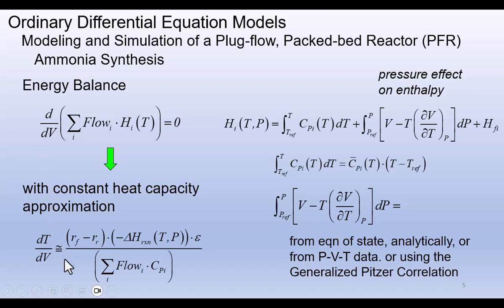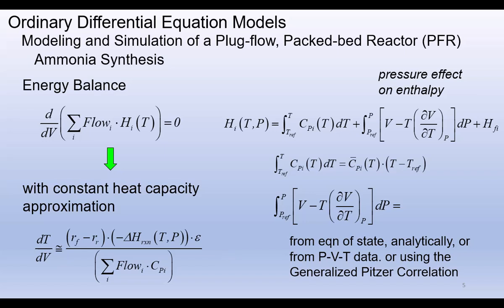And then we can deal with the rates of reaction and the corresponding heat of reaction in order to account for the enthalpy changes as we go through the reaction.